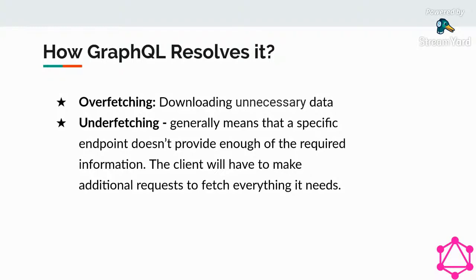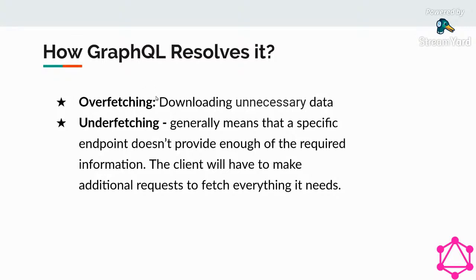How does GraphQL resolve it? As I mentioned, overfetching and underfetching are two of the most important problems that we face in the REST API. At a small scale, it might not be a big problem, but as it gets bigger and bigger, it can create a lot of issues in your website.